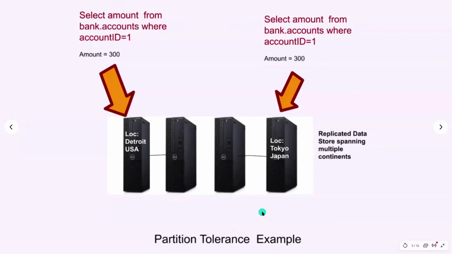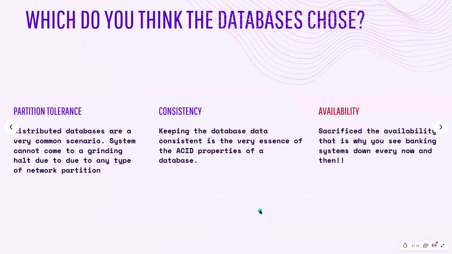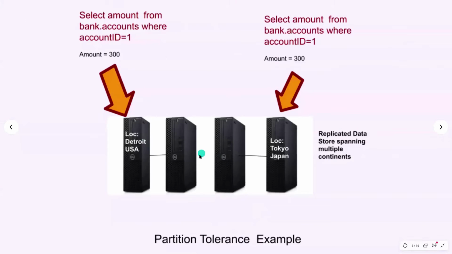we have a network failure, because of which the replicated databases are partitioned now. In this case, the banks typically let you do a read, because a read is simply reading the value you have in this account, which is $300.